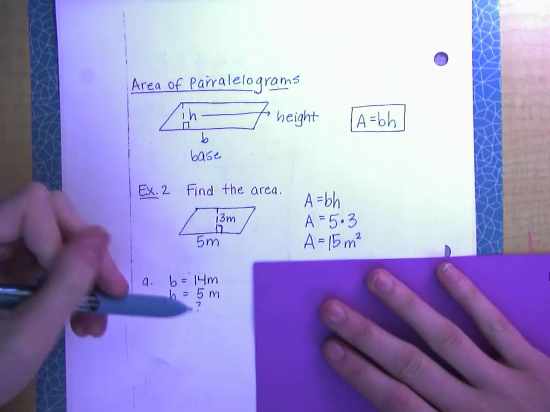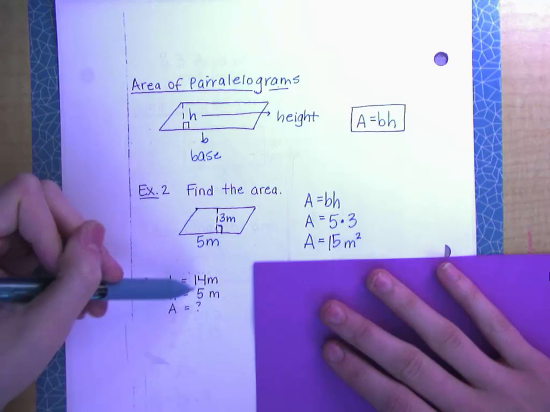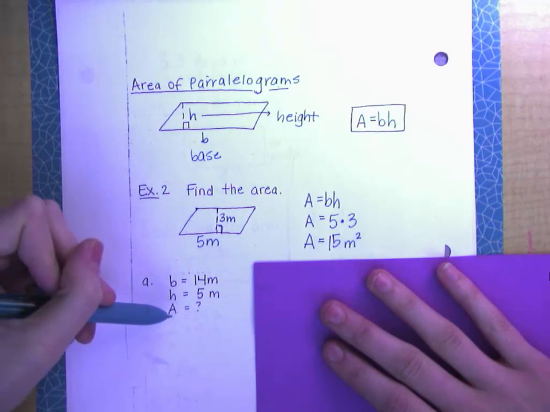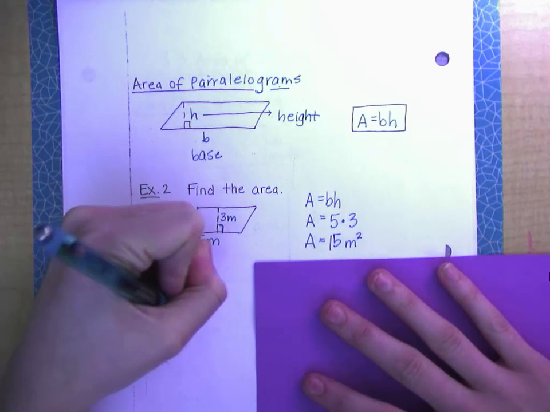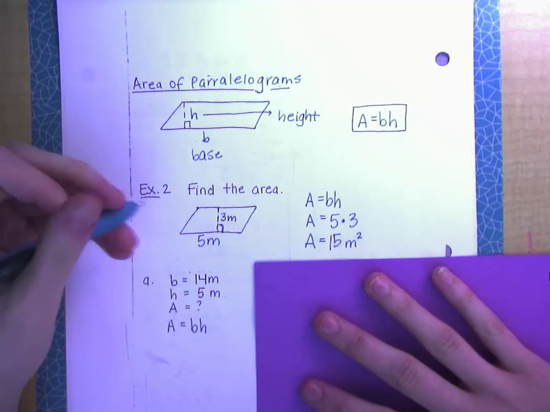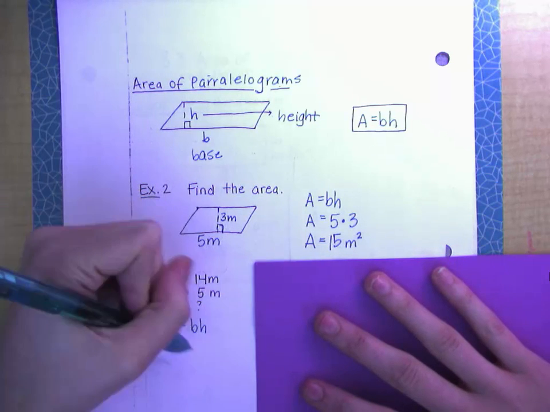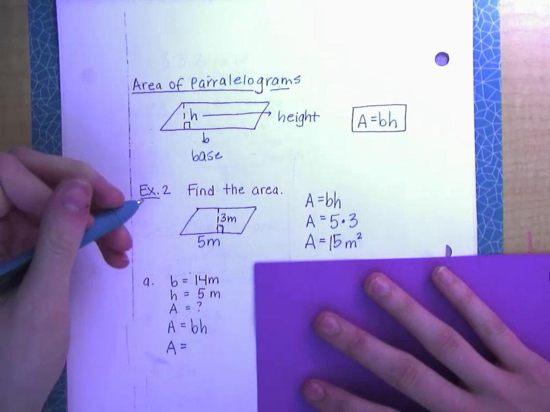So let's say they give us the base, which is 14 meters, and the height, which is 5 meters, and they want us to find the area. Again, I would write the formula for area of a parallelogram, and then you're going to plug in what you know. So the area is equal to the base times the height.